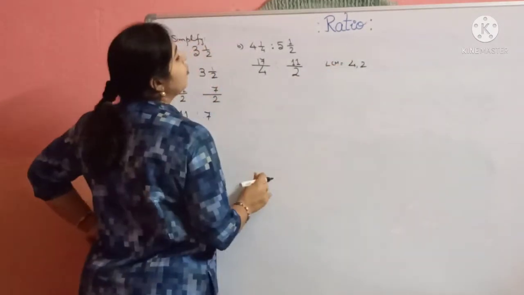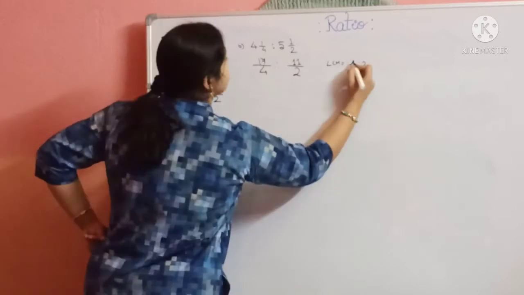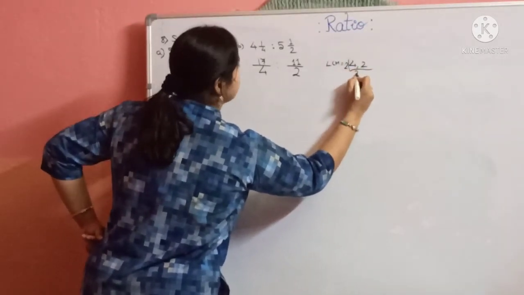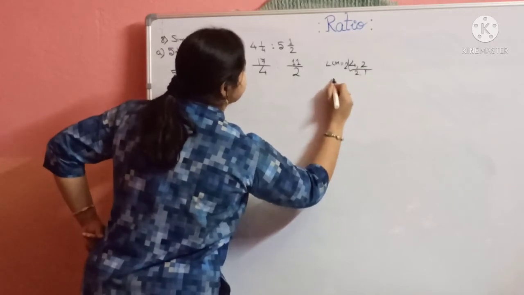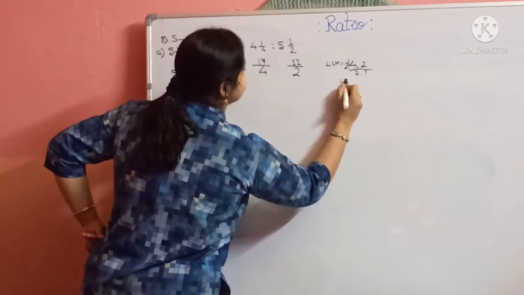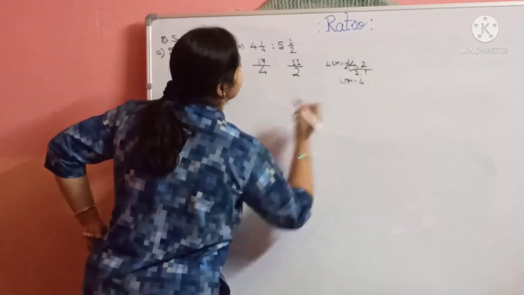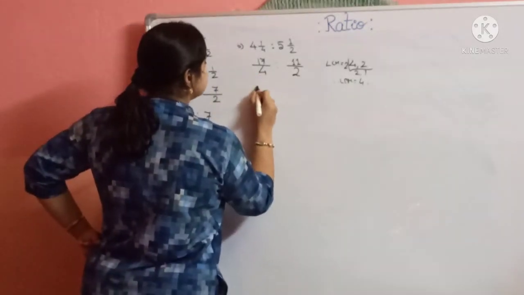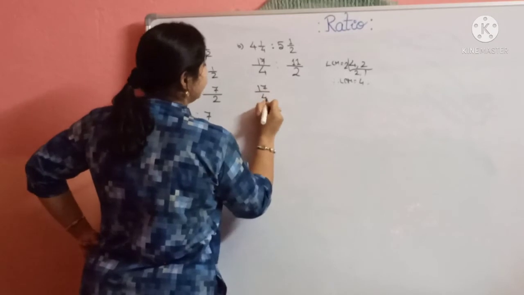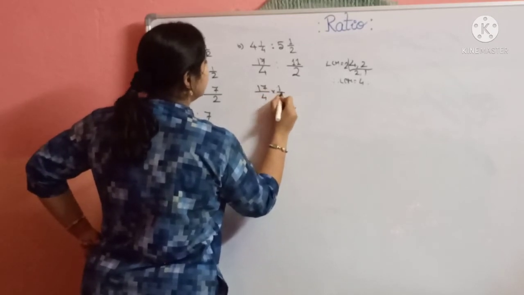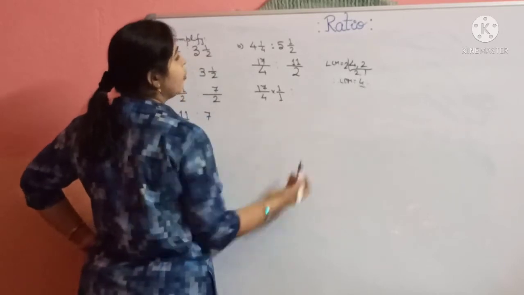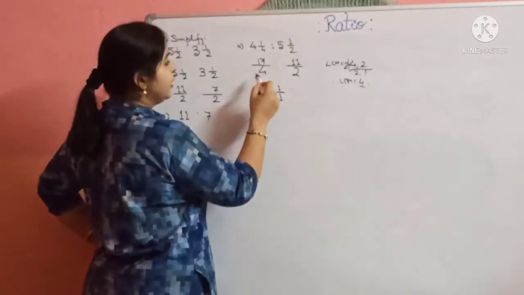Now, you know for 4 and 2 what will be that? Those who don't know, I am doing it for them: 2 and 2, 1. So therefore LCM is 2 into 2, 4. Okay. Now 17 by 4 into 1 by 1. Here there is already 4, so no more.